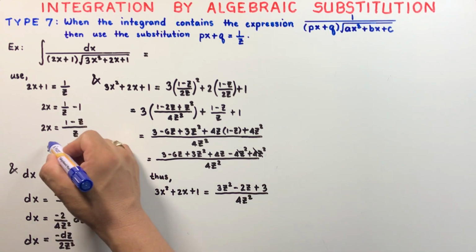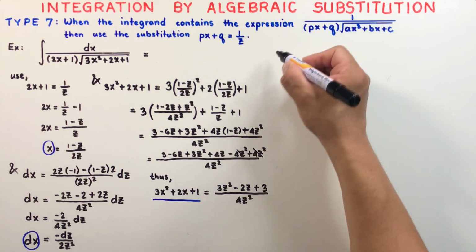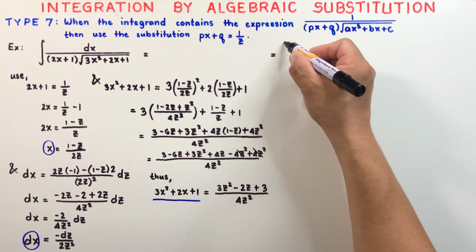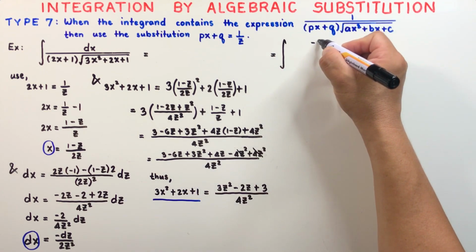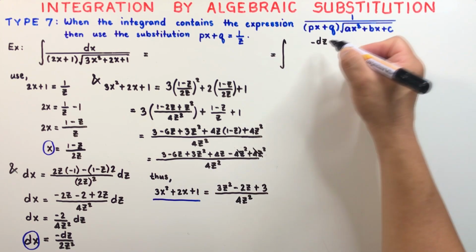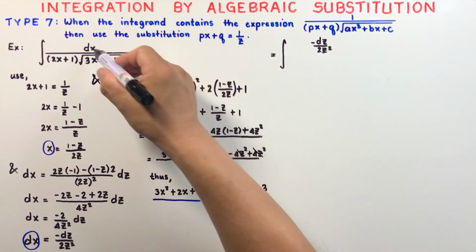So using this representation for x, for dx, and for this quadratic expression, we can substitute that into our integrand. So this is equal to the integral of our dx, which is negative dz over 2z squared for this dx here.